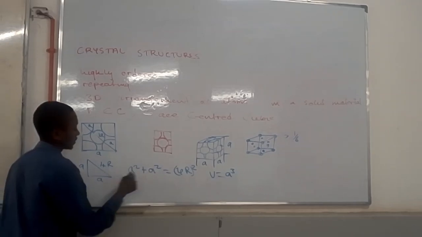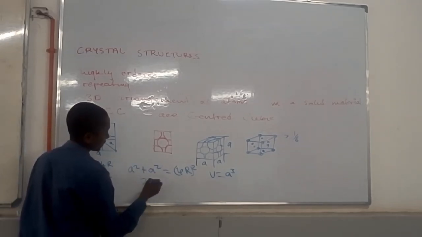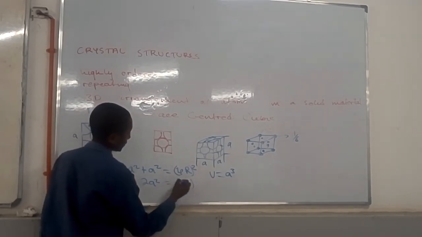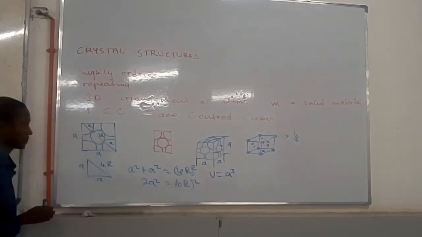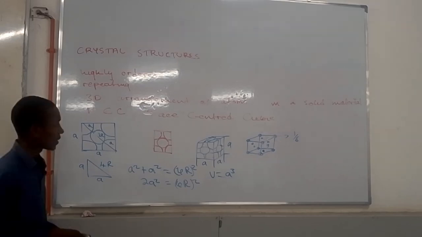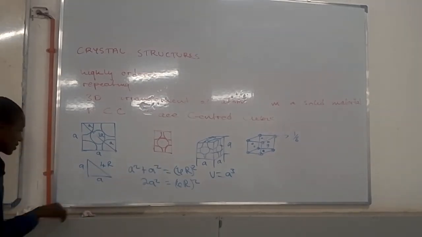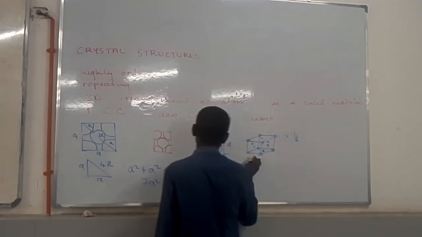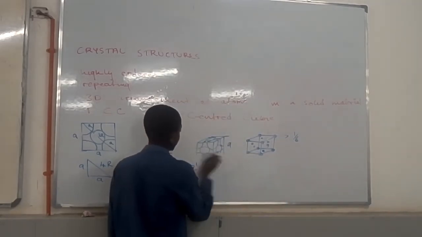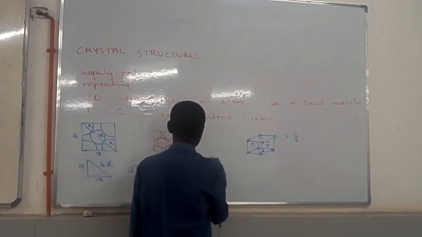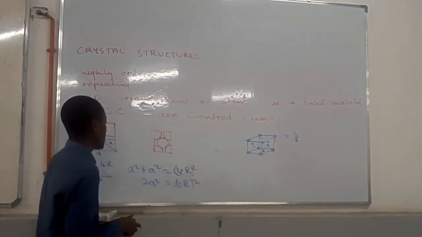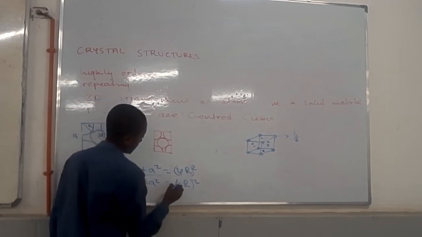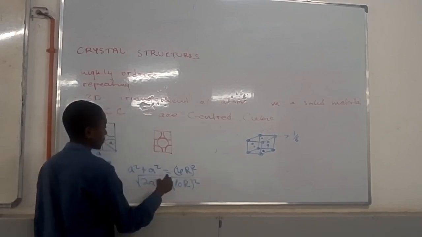So if we add these, we get 2a squared, this is equal to 16r squared. I can introduce a square root here, even here, to get rid of the square.